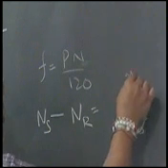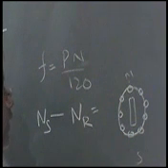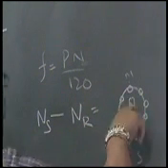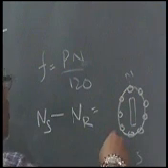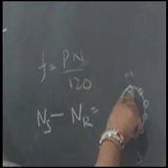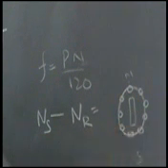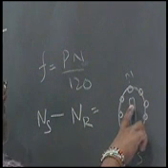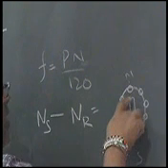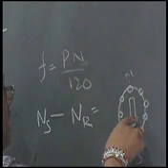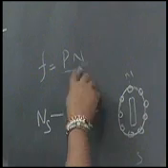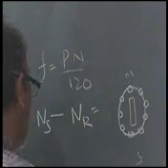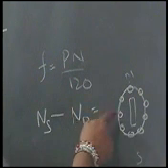If this is the magnetic field which is cutting the conductors of the rotor, then the speed at which this magnetic field is cutting the conductors is responsible for the frequency of the rotor current. So what will be that speed?